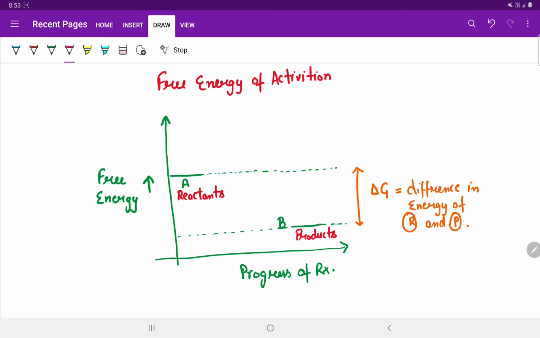This is known as the transition state, that usually has a very high energy compared to the reactants, and this is known as a high energy intermediate product. So a reaction will be proceeding just like this.